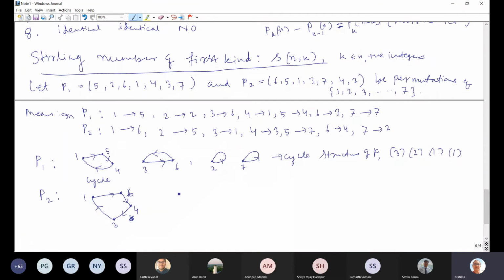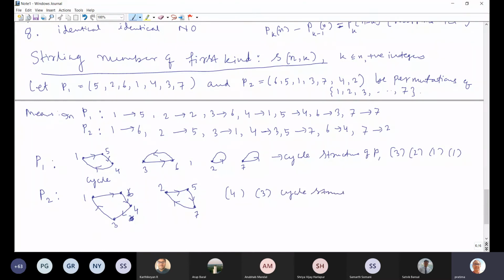And the other one: 2 maps to 5, 5 maps to 7, and 7 maps to 2. So the cycle structure of P2 contains a 4 cycle and another 3 cycle.